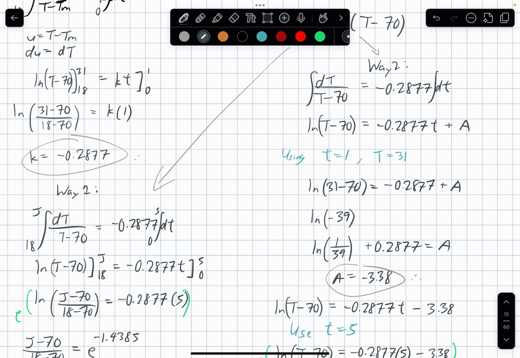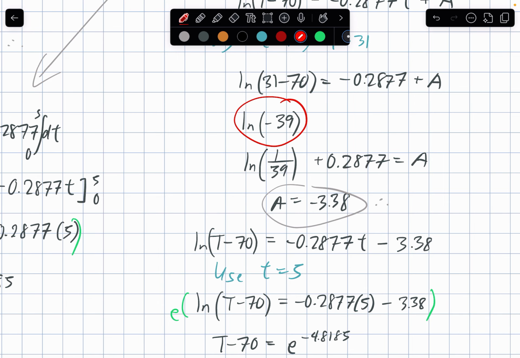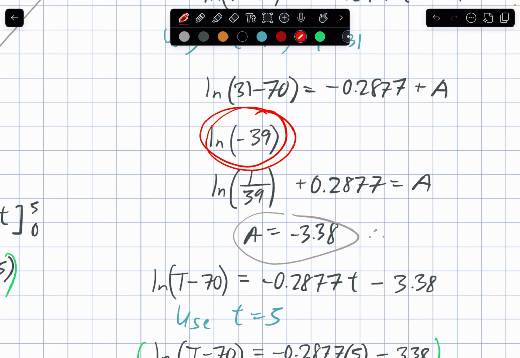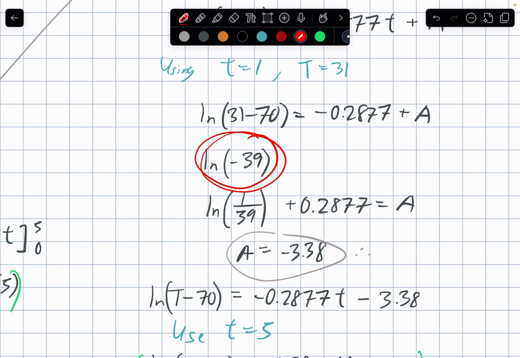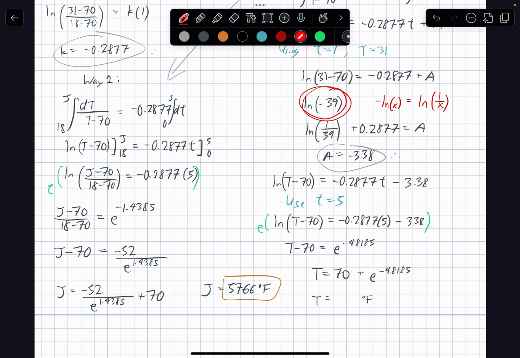I think if you encounter this, it's an indication that you have to stop solving because you're gonna get the wrong answer. This is said to be not a real number. The technique that I was taught was, for example, if you have negative ln of x, you can rewrite this as ln 1 over x. But if the negative were inside the natural log, this is a different discussion. No? So you have to stop solving from here on.